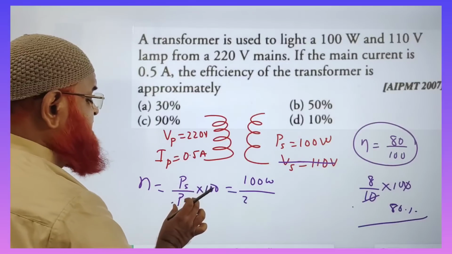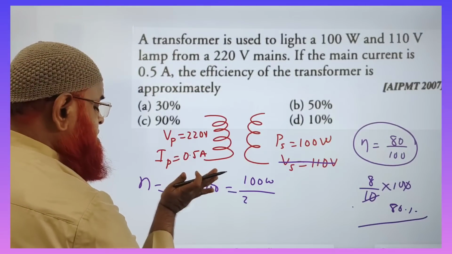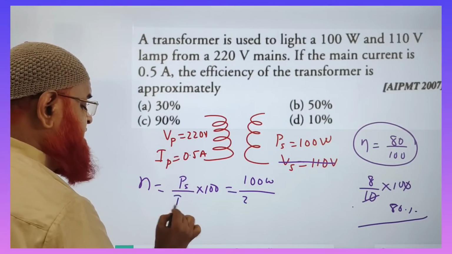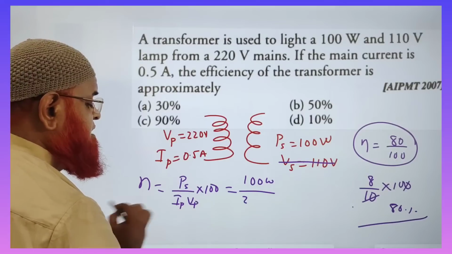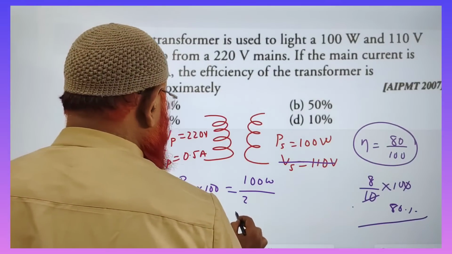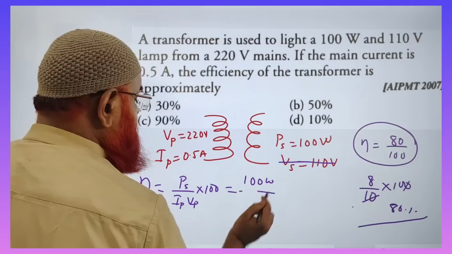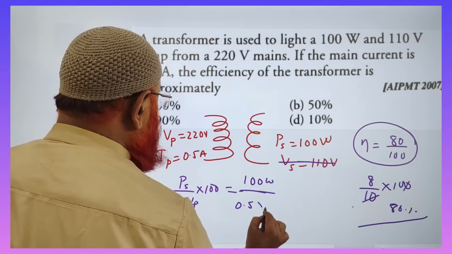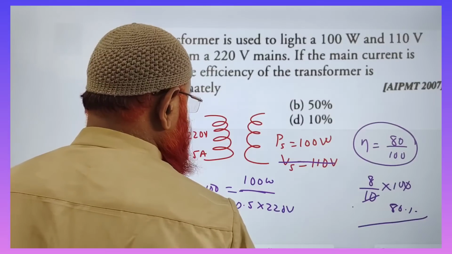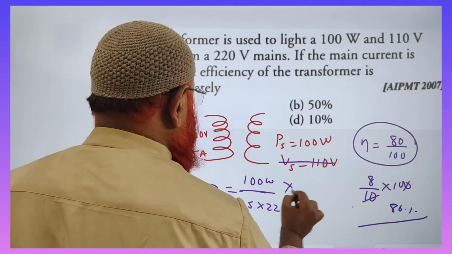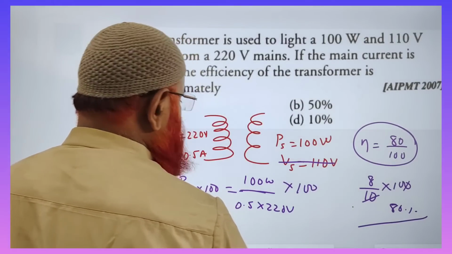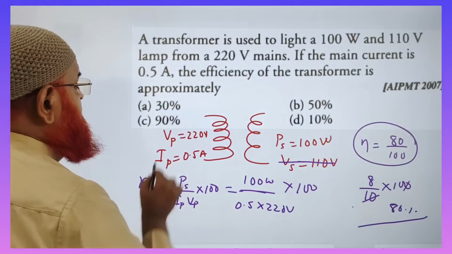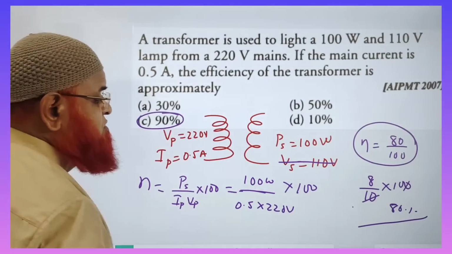Power at the primary is VP into IP. So IP is 0.5 into 220 volts, into 100. Yes, very good. You just do this one. How much do you get? You get 90%. You just want to check it out.